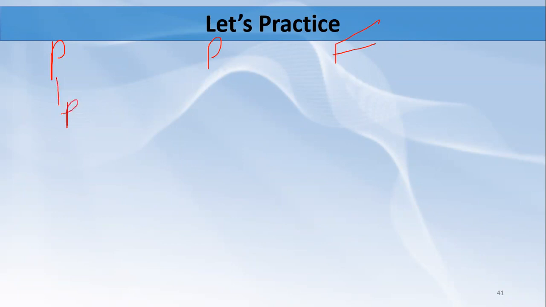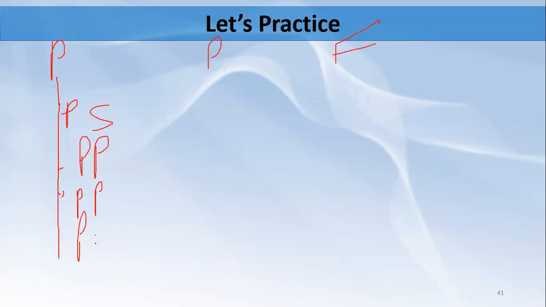Number one, present simple tense, which you people call present indefinite. Then we have present progressive, which you people call present continuous tense. Then we have present perfect tense, and finally we have present perfect continuous tense.